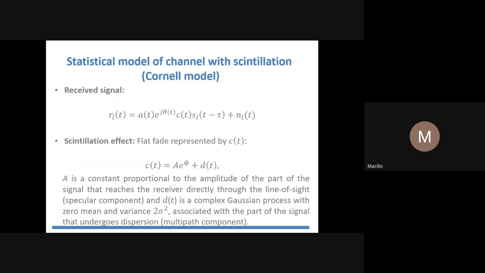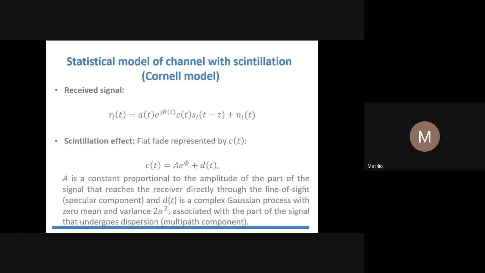These terms concern the thermal noise, the Gaussian noise. Then the scintillation may be modeled like a flat fade and can be modeled like this equation. We have a constant term and another stochastic process, this stochastic process being a complex Gaussian process.